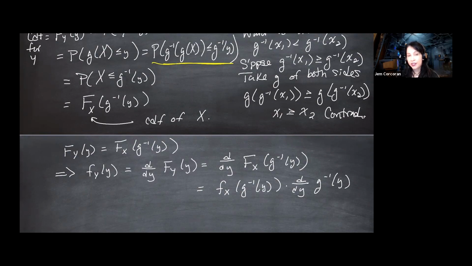And because g is increasing, that implies that g inverse is increasing, so this derivative is greater than 0. You weren't supposed to know what was coming, but for that formula with the absolute value, you can put an absolute value there. It's the same thing. And this makes sense. The original PDF had to be greater than or equal to 0, and this had to be greater than 0. The only thing you really need to have a PDF is that it's greater than or equal to 0 and integrates to 1.